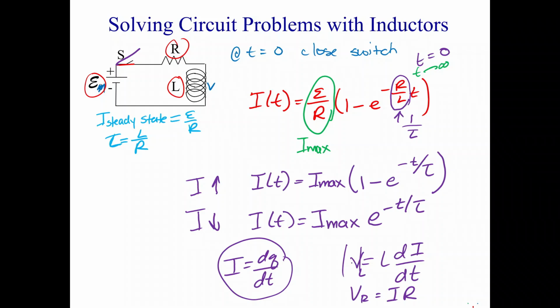If you wanted to find the voltage across the inductor, you'd have to take the derivative of current over time to find that magnitude. Okay, so that's going to end up being a different calculation. So lots of different things that you can do with these circuits.